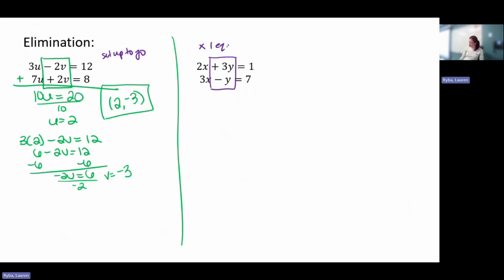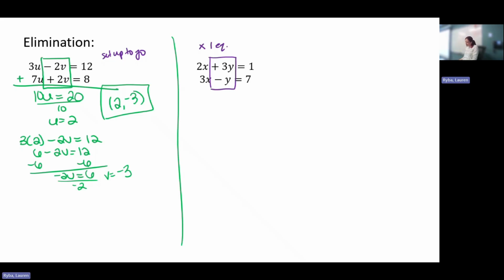Multiply one equation. I can take any equation and multiply it by a number, or divide it by a number. As long as I do it to every single piece in that equation, it is still equivalent. It is okay to do.